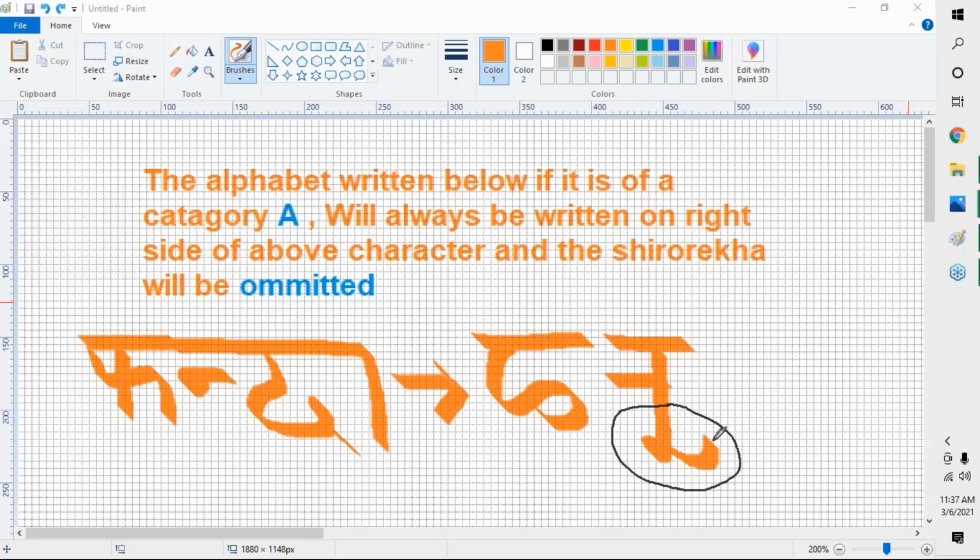You see, it is right hand side, right? Not this way. I will not add anything here. There can be any other alphabets, we will take a few examples. Do not worry. So omit the Shirorekha at that particular place, ignore that Shirorekha. So this is Fanda.